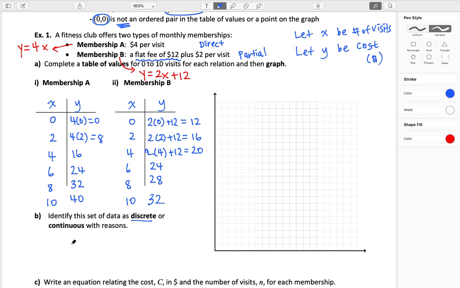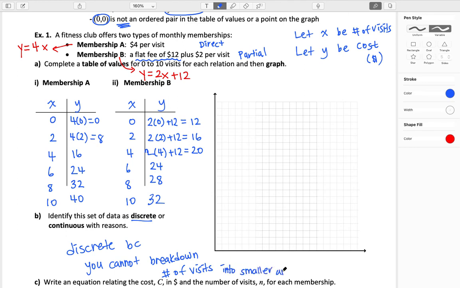So therefore, it has to be discrete, because you cannot break down the number of visits into a smaller amount. Okay, so that means when we are graphing this, we will have to use a dashed line.